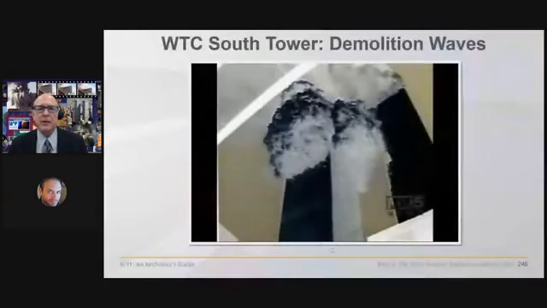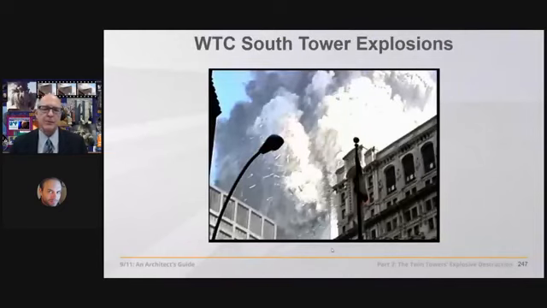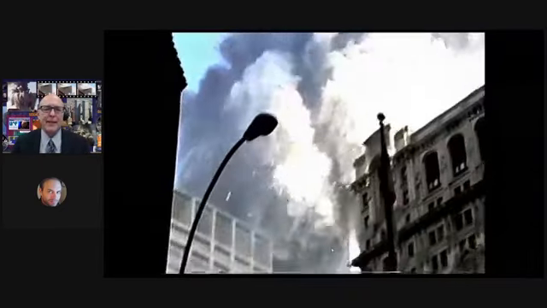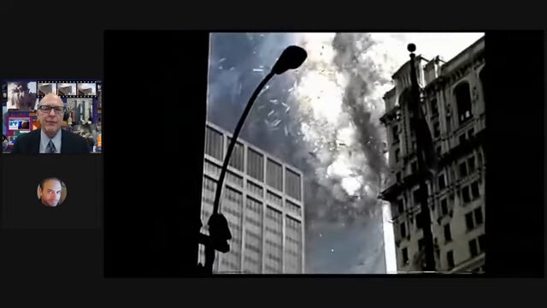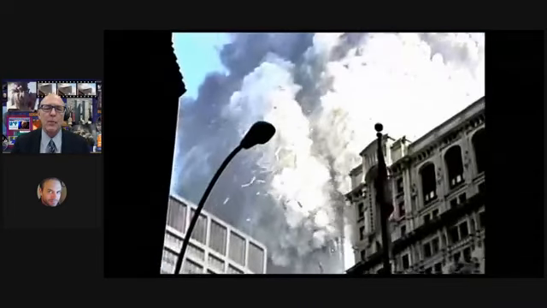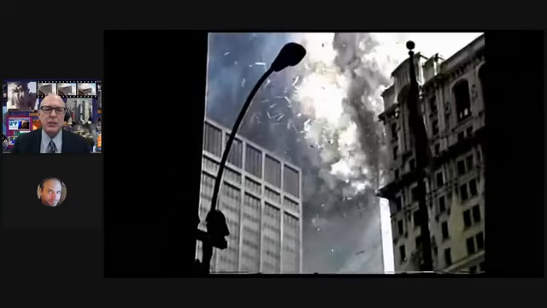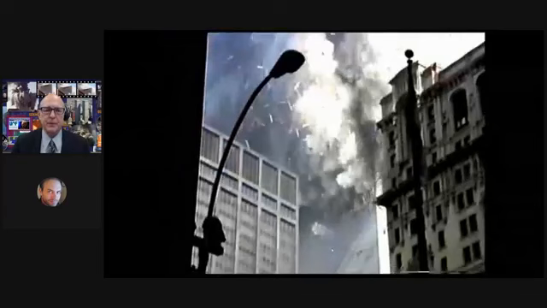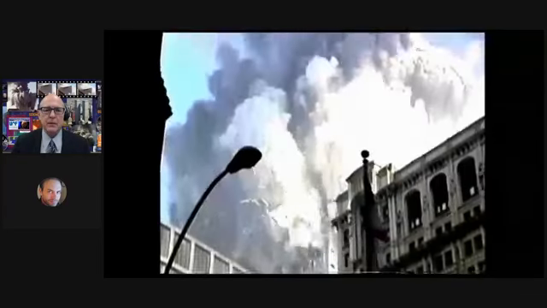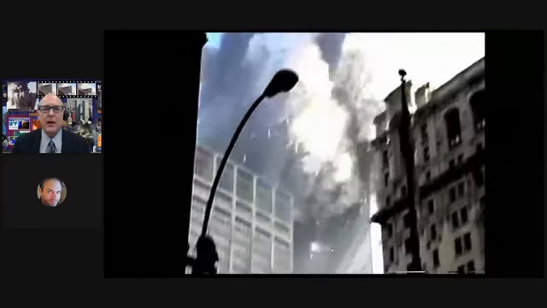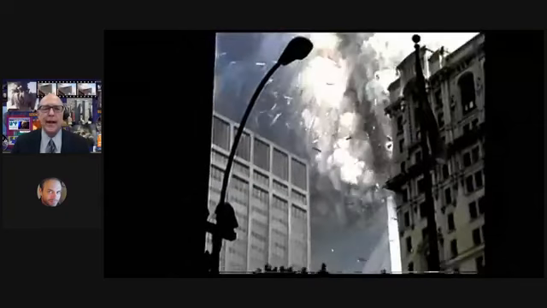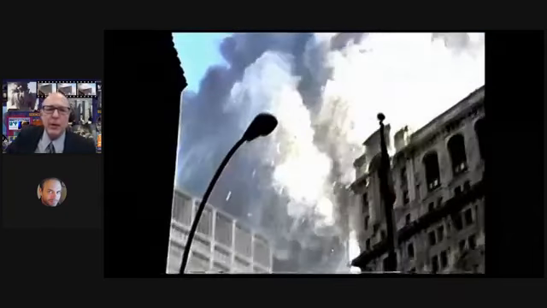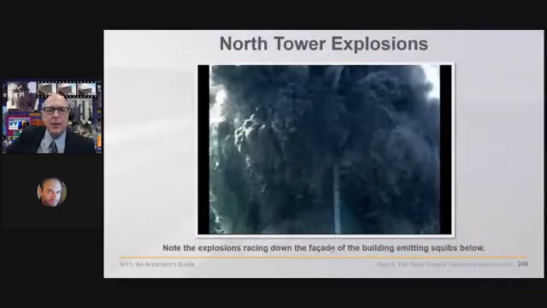It makes no sense. Let's zoom in on some of those explosions that you see here, rapidly advancing down the corner of the building, floor by floor, dozens of explosions going off right before your face. And yet we're told this is a gravitational collapse, which presumably would be going on 20 stories up above, because this is the leading corner.